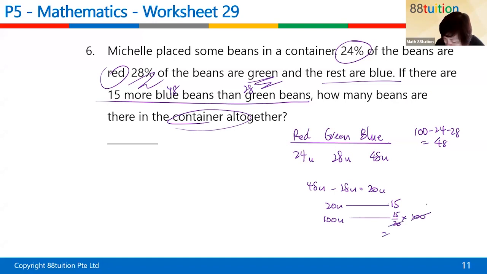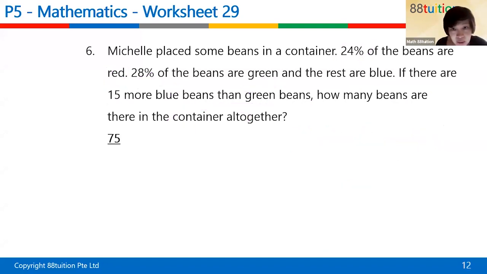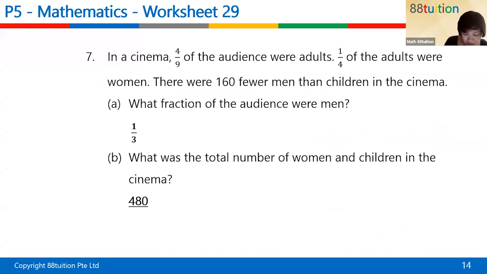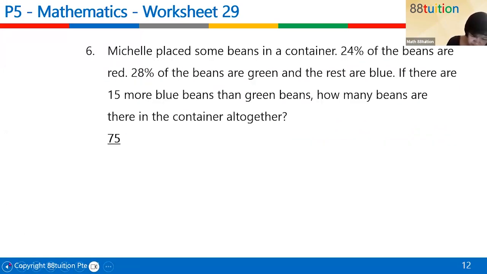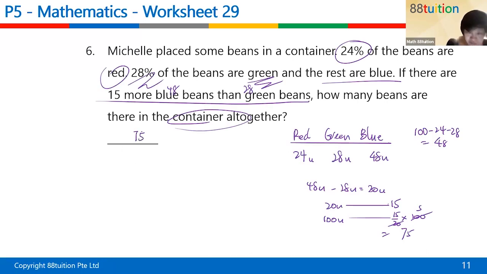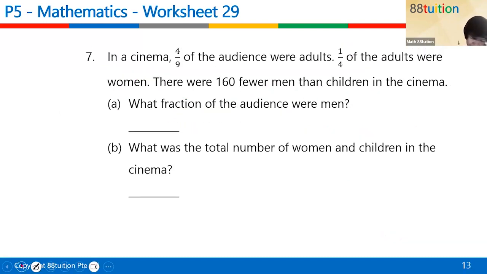So you reduce, divide by 5, 15 divided by 5, it will be 75. Okay. So that's for question number 6.